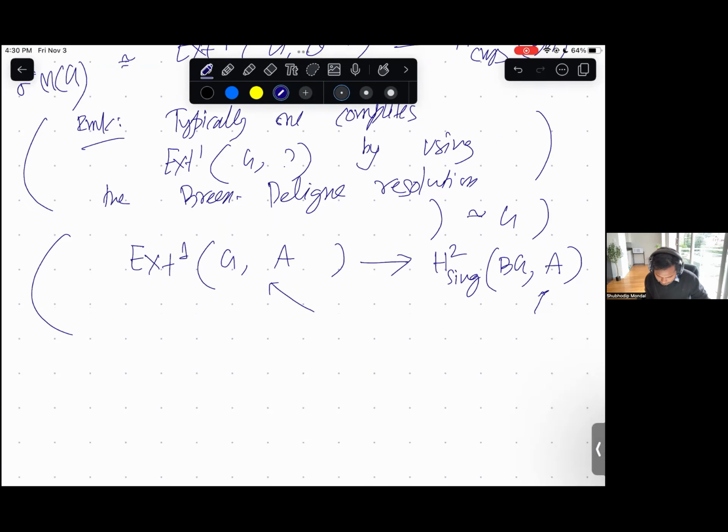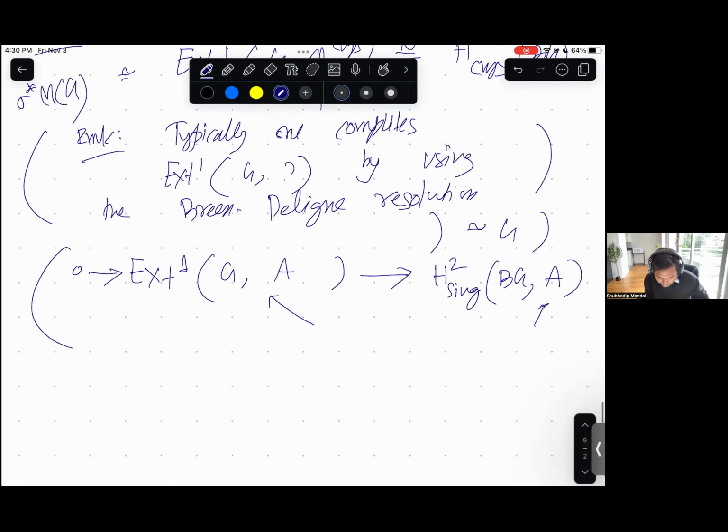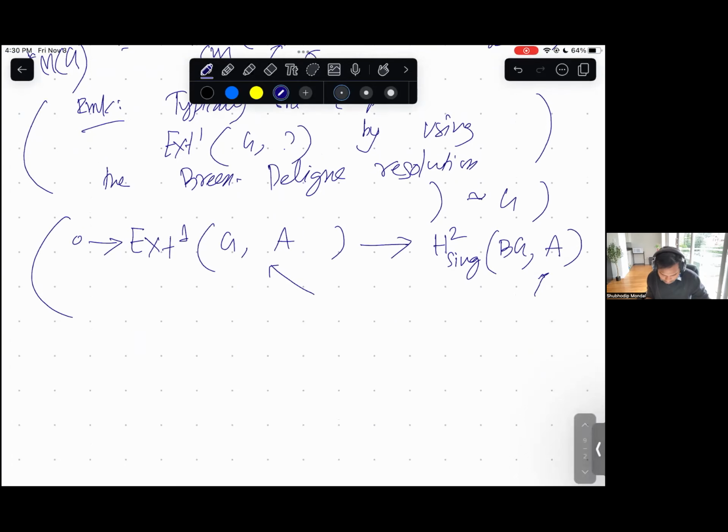This is injective, but it's not always an isomorphism. So let's consider some simpler cases. Let's replace this A just by Z.